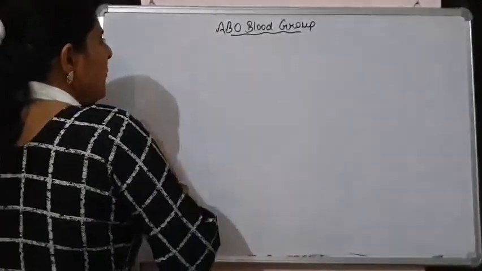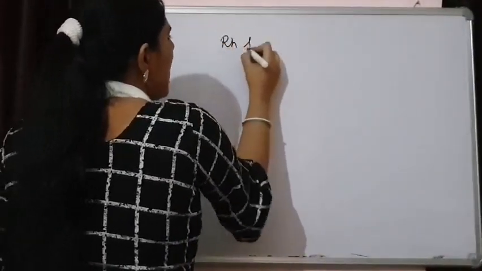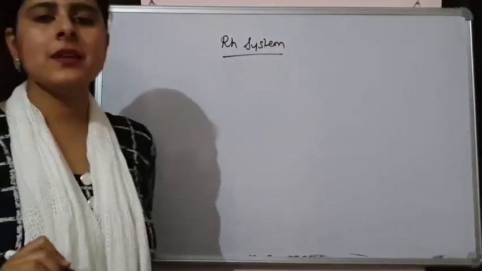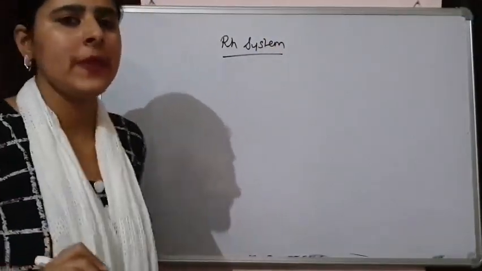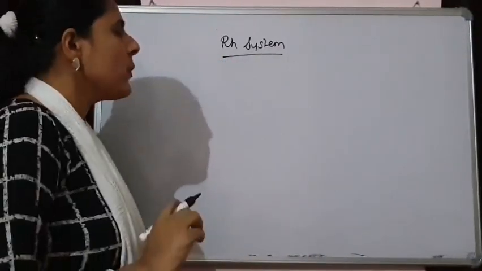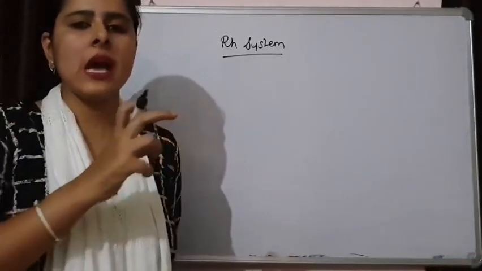Now another type of blood group system is the RH system. This RH system was also discovered by Karl Landsteiner in a monkey named rhesus monkey, and that's from where the name RH is coming. Most white individuals, about 90% of the population, have this Rh factor.